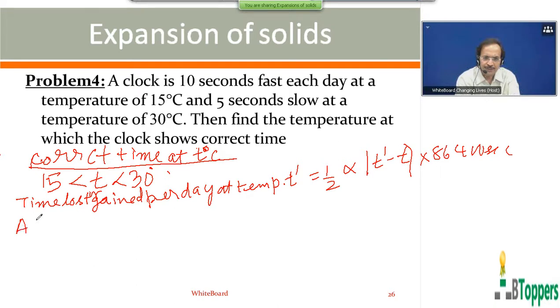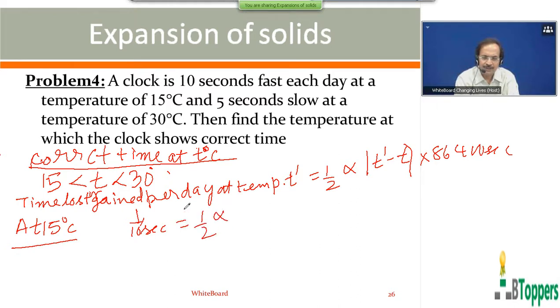So at 15 degrees centigrade, the pendulum clock runs 10 seconds fast each day. That means time gained per day can be taken as 10 seconds on the left side.